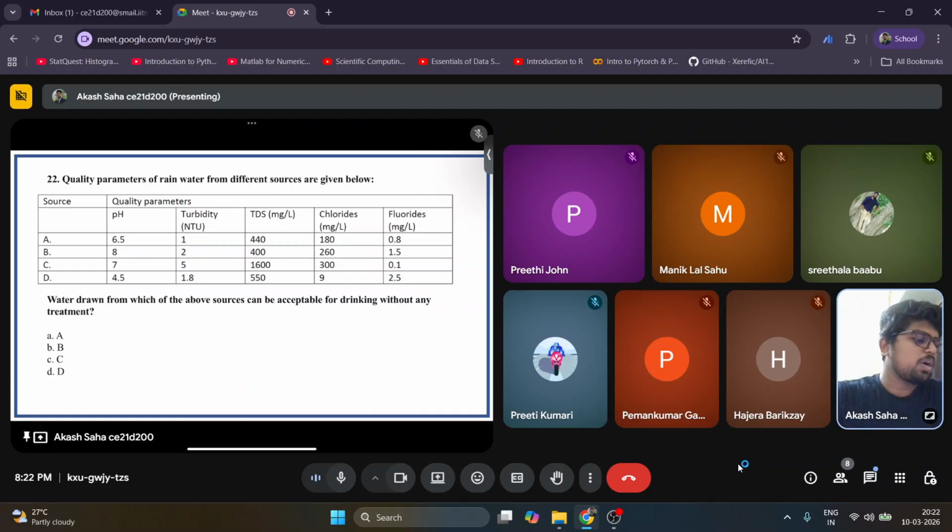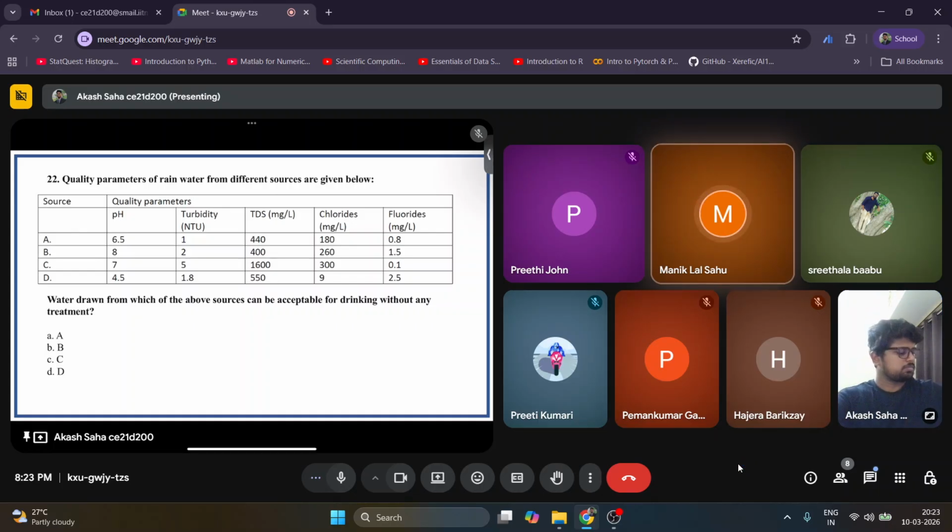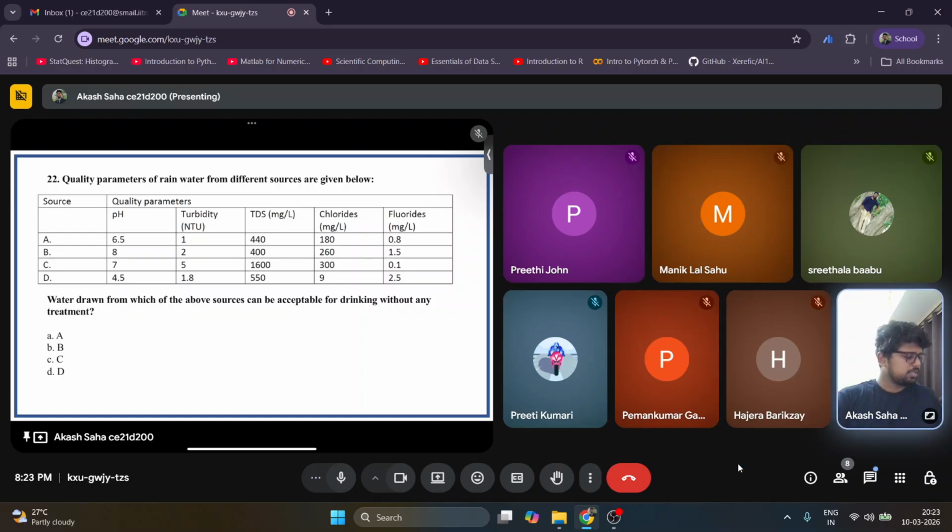Quality parameters of rainwater from different sources are given below. Water drawn from which of the above sources can be acceptable for drinking without any treatment? You have to find out which source is acceptable without any treatment. A. Yes, A is the correct answer. For pH, the value should be between 6.5 and 8.5.